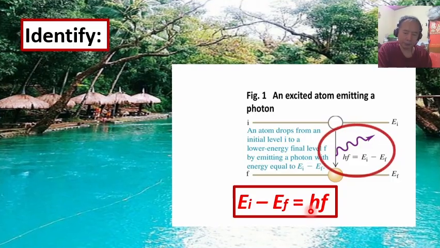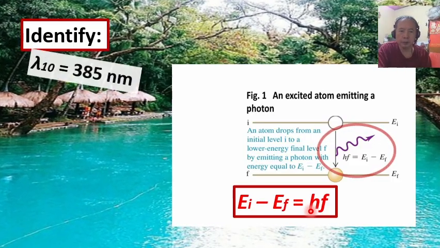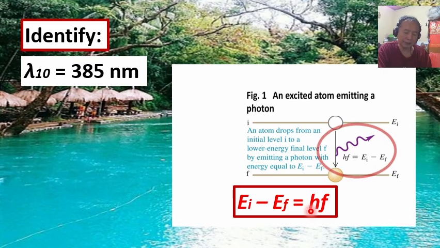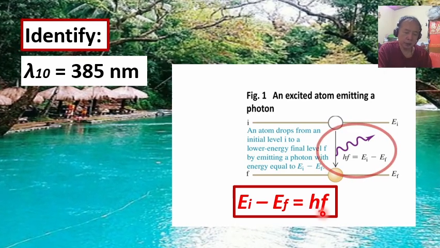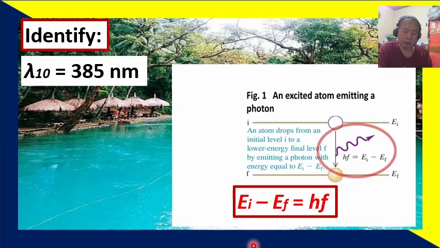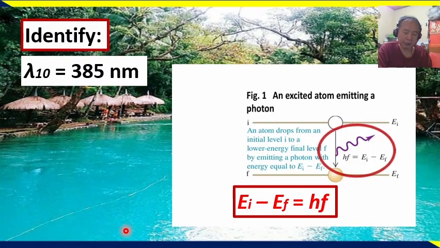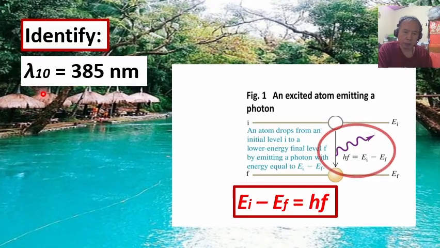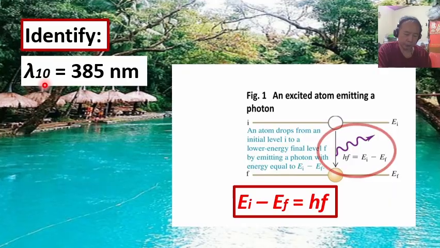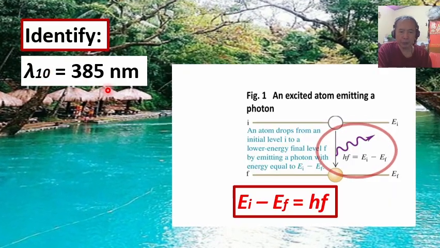So in this problem, we are given a hypothetical atom that emits a photon with wavelength, denoted here by lambda sub 10, equal to 385 nanometers.